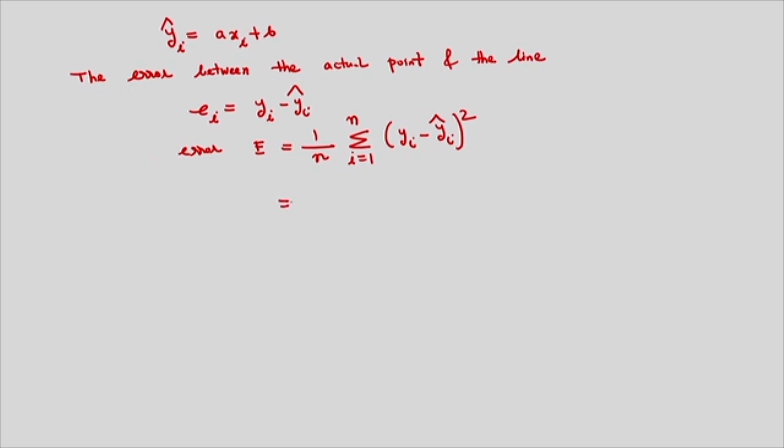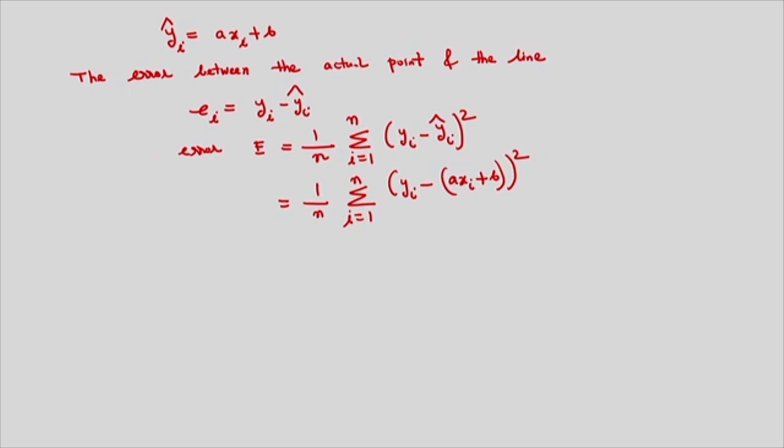It can be represented as 1 by n summation from i equal to 1 to n of yi, and in place of yi hat I am writing a xi plus b, and whole square.